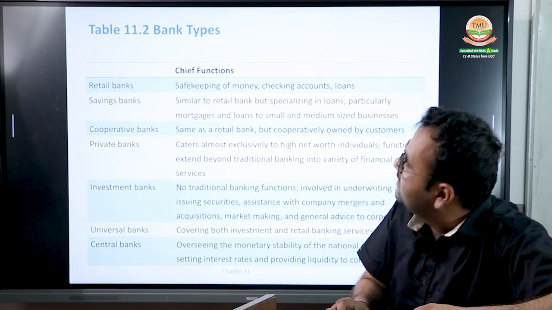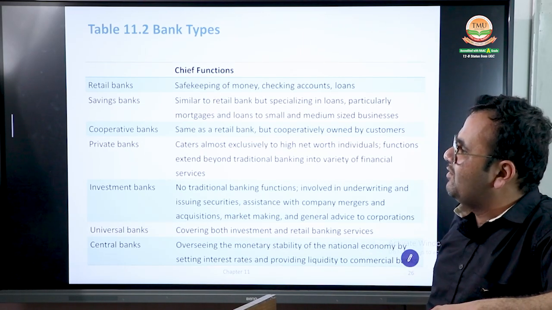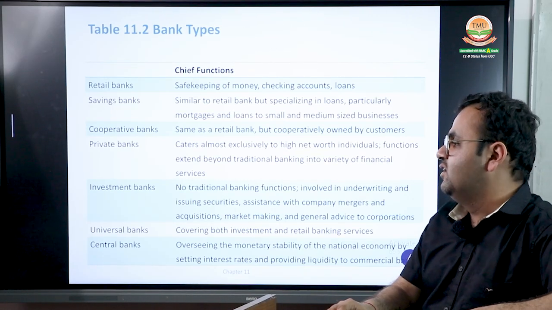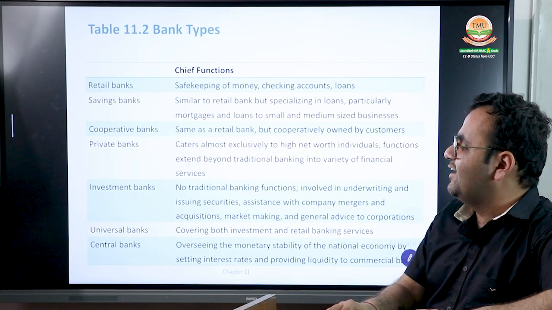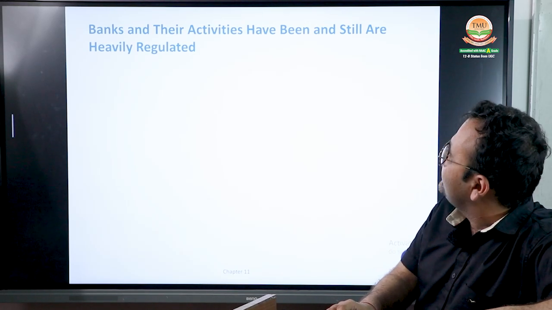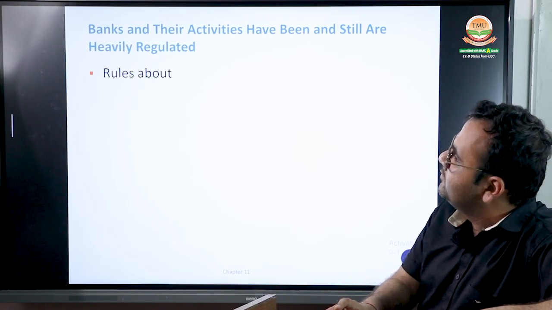Now we will discuss how many types of banks there are: retail banks, savings banks, cooperative banks, private banks, investment banks, municipal banks, central banks. Banks and their activities have been and still are heavily regulated.